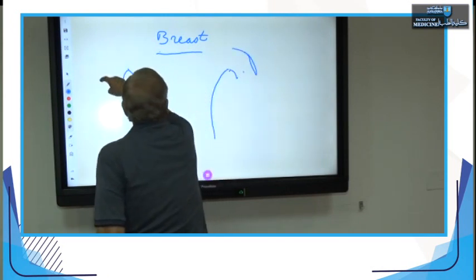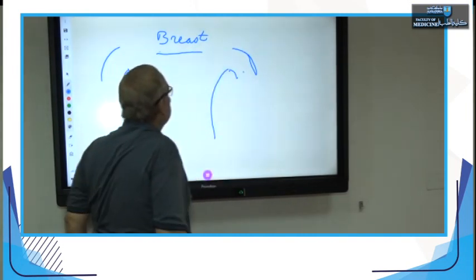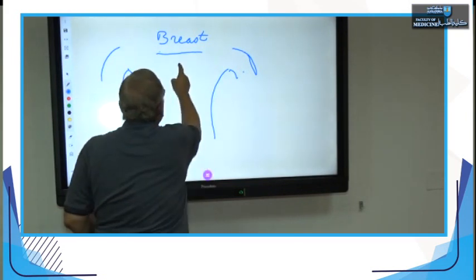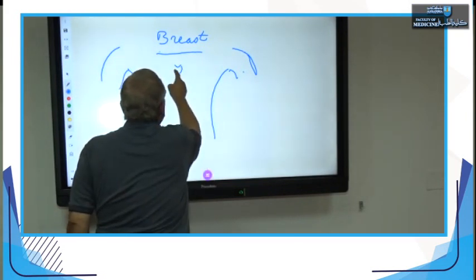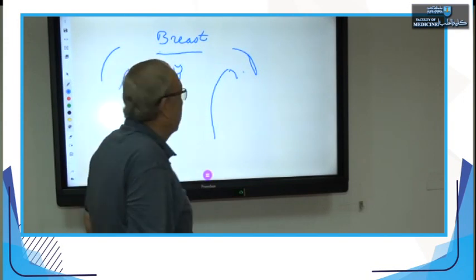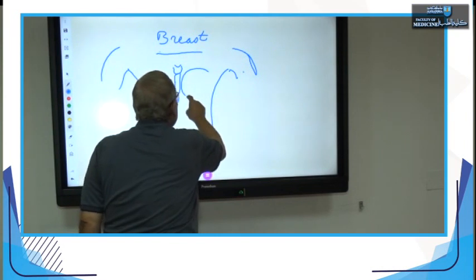If this is the chest and this is the upper limb, and if we have the sternum here, the breast is the mass that occupies this region.